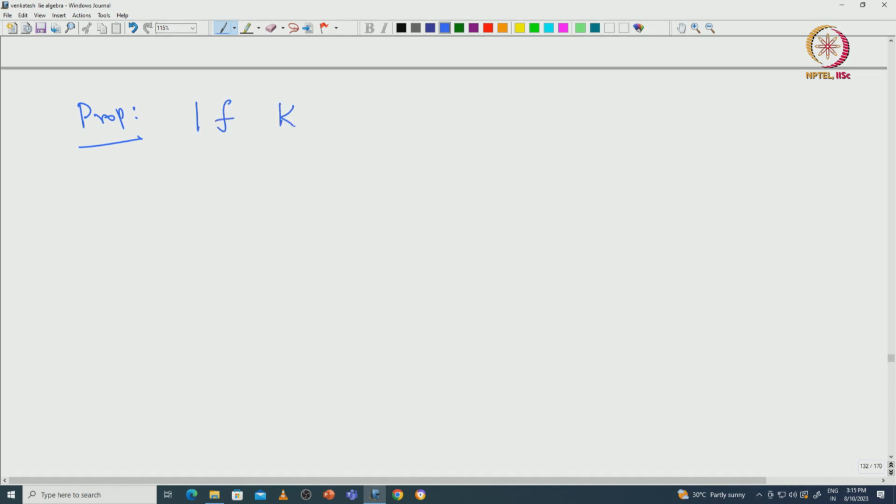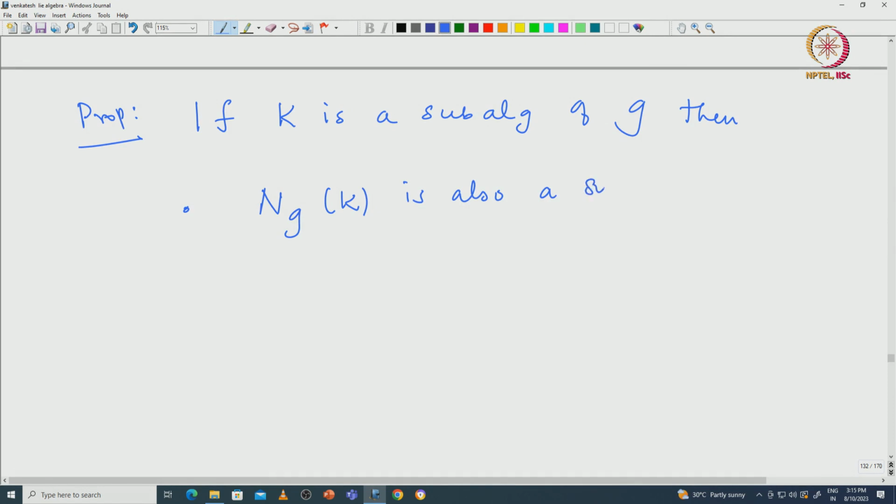If K is a subalgebra of G, where G is a given Lie algebra, then this N_G of K is again a subalgebra of G. Not only that, K will be an ideal inside this N_G of K, and this is the largest subalgebra that satisfies this property.